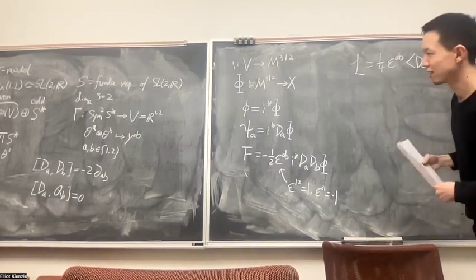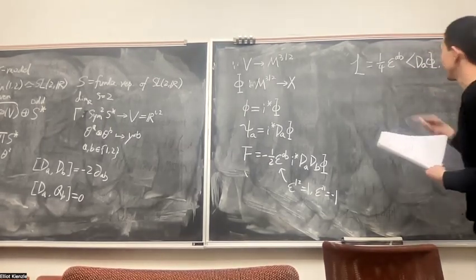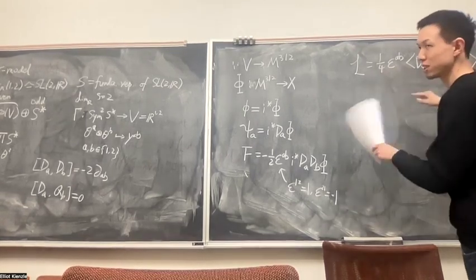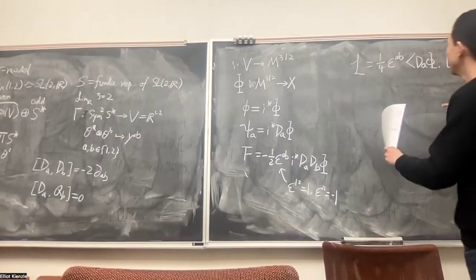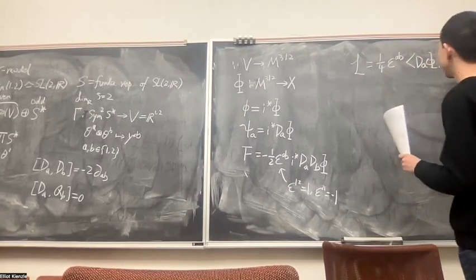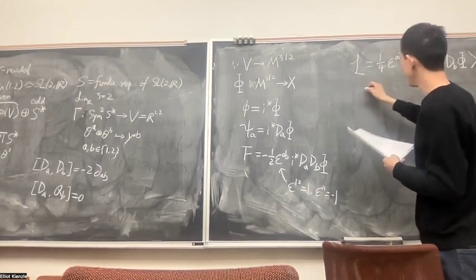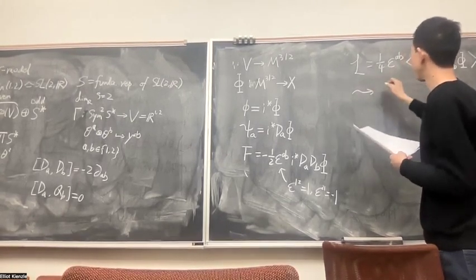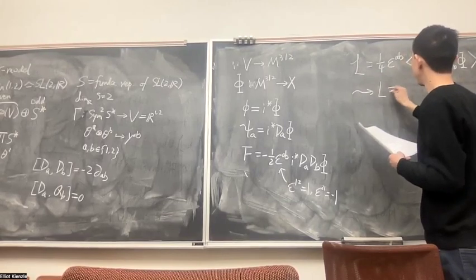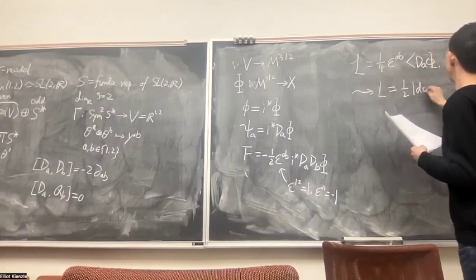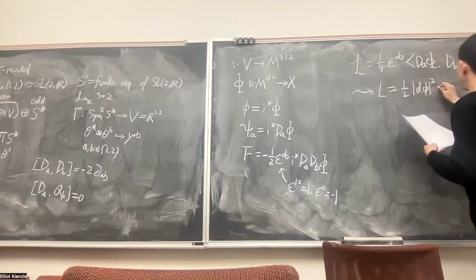The invariance of L follows from the same reason as the one-dimensional case. Basically, the Q will commute with D, so it gets all the way out. So if we integrate this over theta, we will see that this will give you the usual kinetic term.